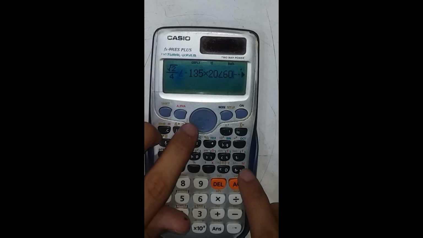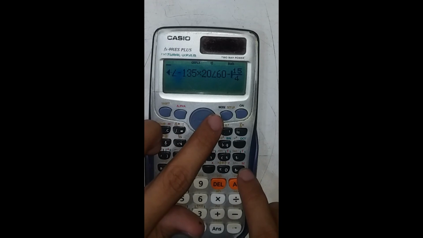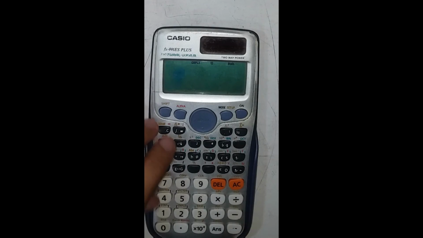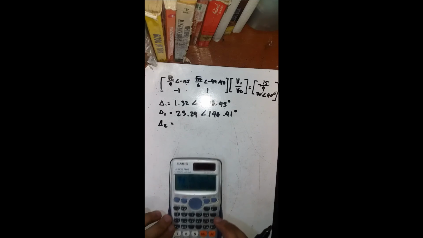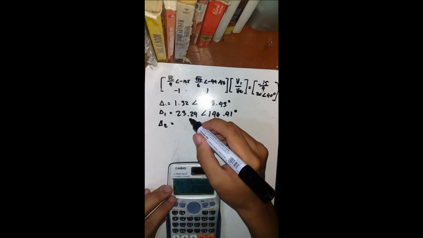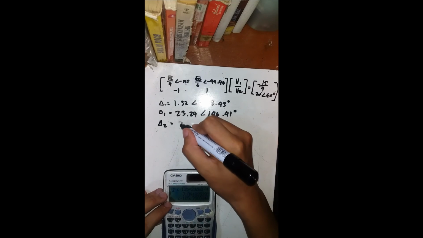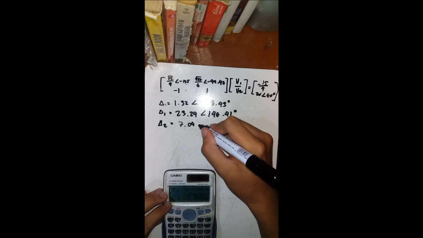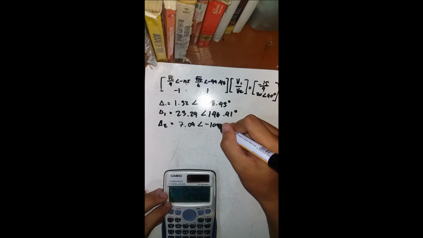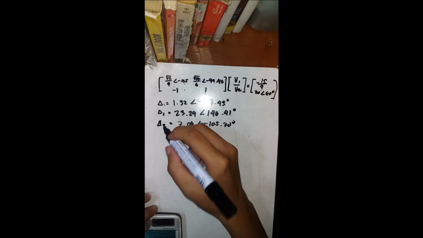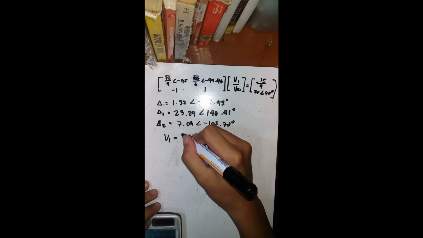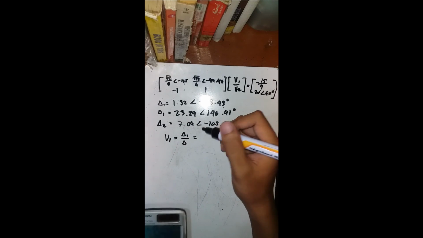Syntax error, so let me check again. And our last number, our last determinant, is 7.09 angle of negative 105.70 degrees.